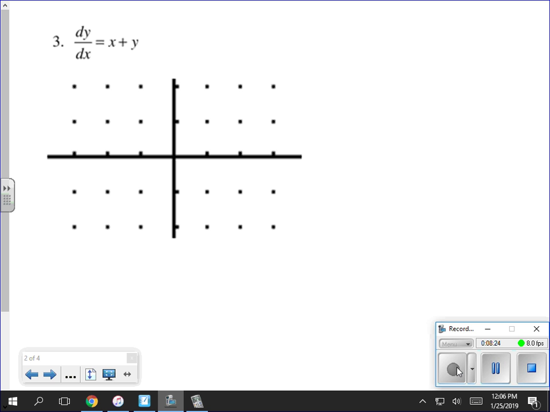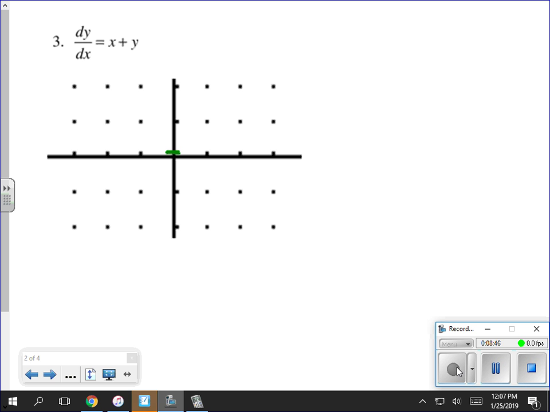So it's x plus y. There's patterns to this one as well, but they're a little harder to see. But basically, all you're doing on this one is every xy coordinate, you just add the 2 numbers together. That's the slope of your line. So at 0, 0, my slope would be 0 at the origin.